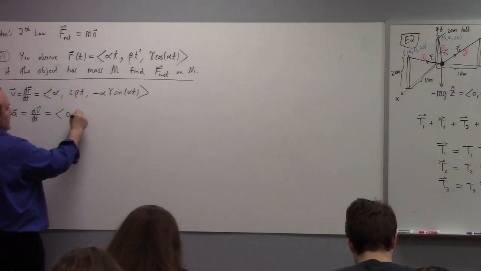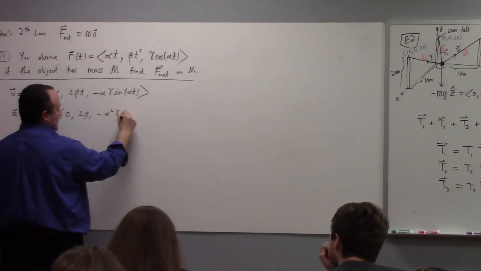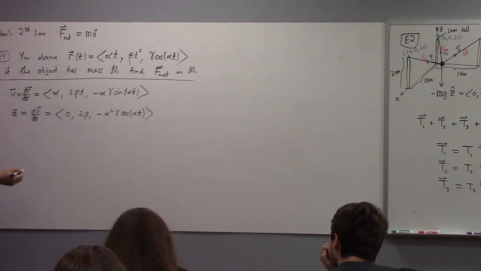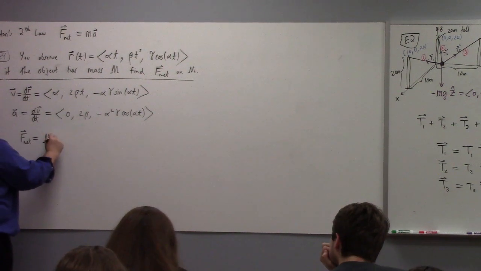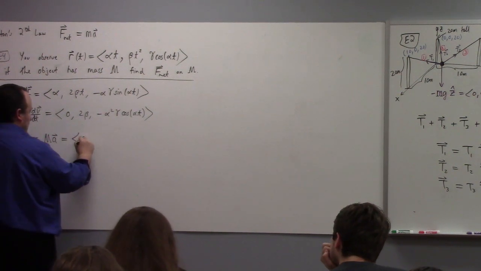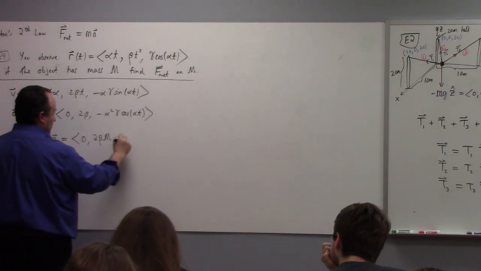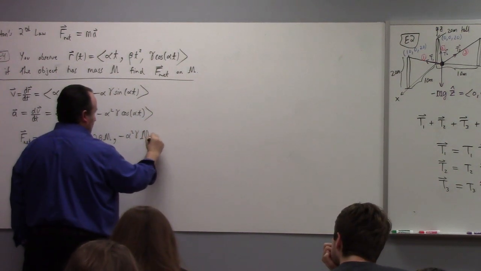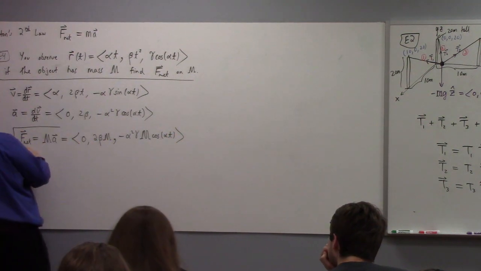We get 0, 2 beta, and then minus alpha squared gamma cosine alpha t by the chain rule. Finishing move, the net force is equal to the mass times the acceleration, which in this case is 0, 2 beta big M, comma, minus alpha squared gamma big M cosine alpha t. And there you go.